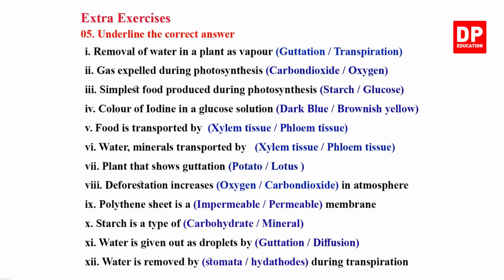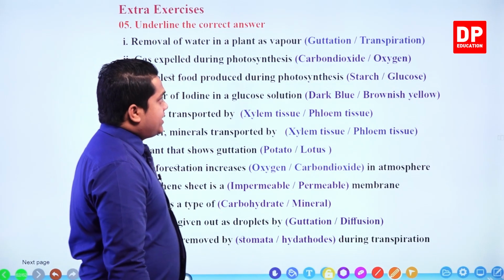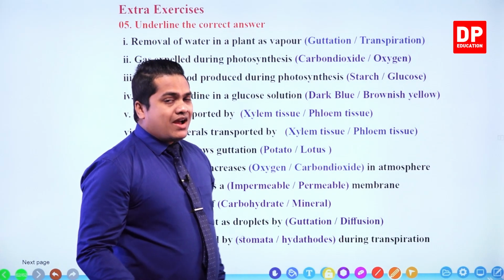Right. The next type of question. Underline the correct answer. So you have to underline the correct answer from the two answers given within the bracket. Number 1. Removal of water in a plant as vapor. As vapor, the removal of water. It's quite simple.